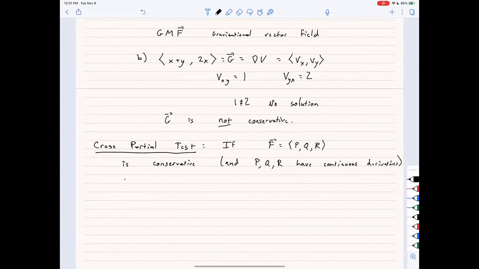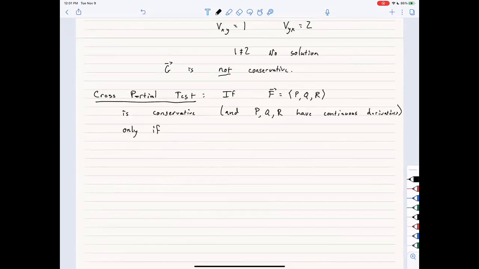So then it's conservative only if del P del Y equals del Q del X, del P del Z equals del R del X, and del Q del Z equals del R del Y.